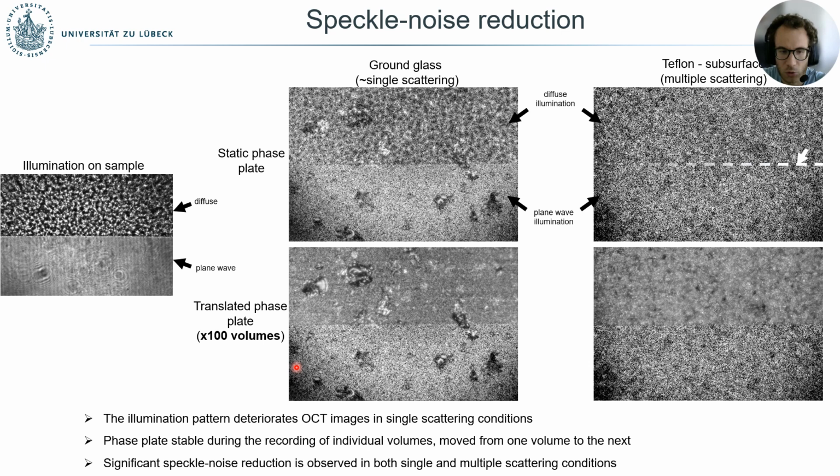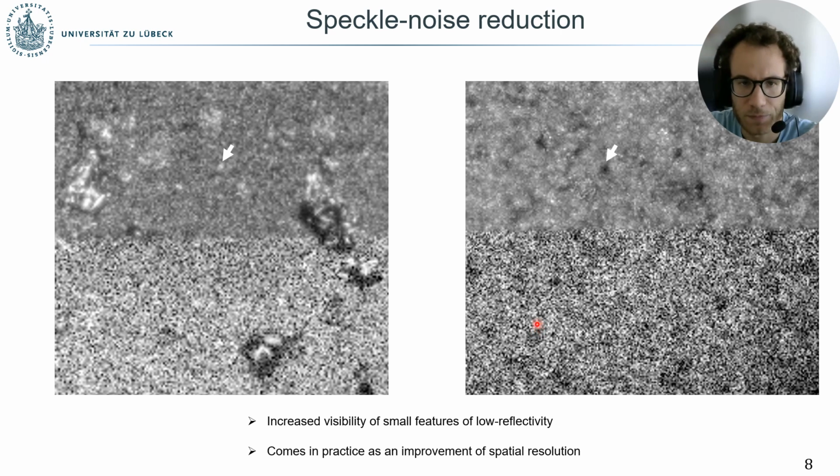And when we translate the phase plate here and then we average 100 volumes, then we can see a clear improvement in the image quality. So there's the averaging of the intensity pattern that we project on the object, but there's also the averaging of the speckle noise. When we have a close-up view on the sample, then we can see that there are some features that become much better visible.